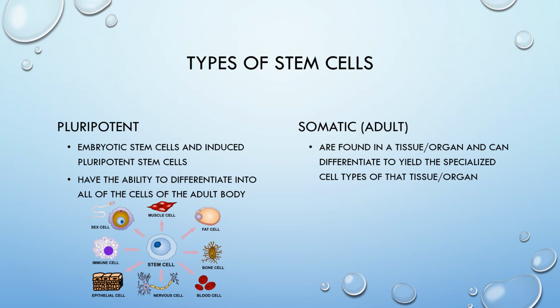Other examples of stem cells include neural stem cells, which can differentiate into various types of neural cells, and hematopoietic stem cells, which can give rise to different blood cell types. So when you're choosing what cells you want your stem cells to then differentiate into, it's very important to know that going in so that you can start with the correct type of stem cell that you need.